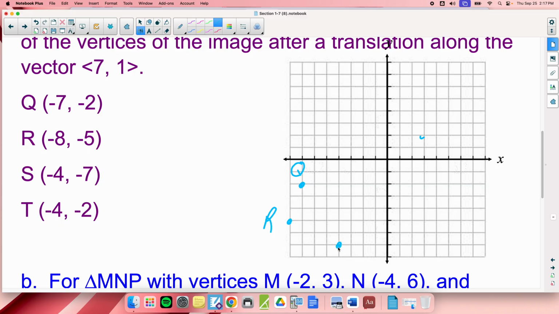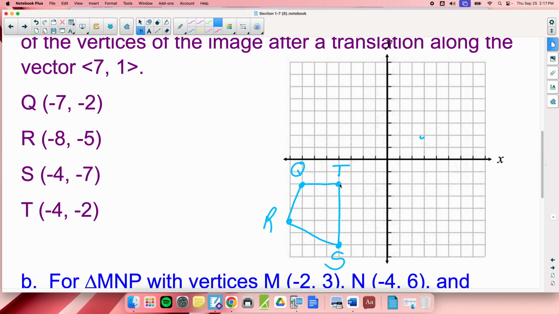And that is down here. That is my S. T is -4, down 2. That is my T. So I would connect these, and that would be my original figure. Okay?